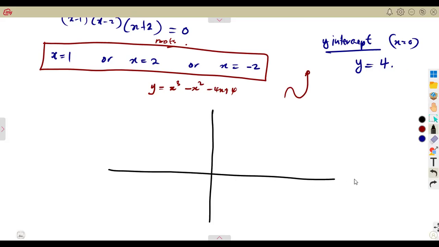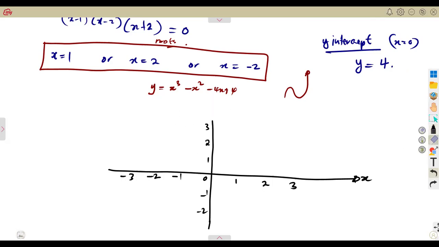Going to have something like this, your x and your y. That's a 0 here. So I'm just going to consider 4. So let's just say we've got 1, 2, 3, minus 1, minus 2, minus 3, then on the y-axis minus 1, minus 2, 1, 2, 3, 4, and so on.